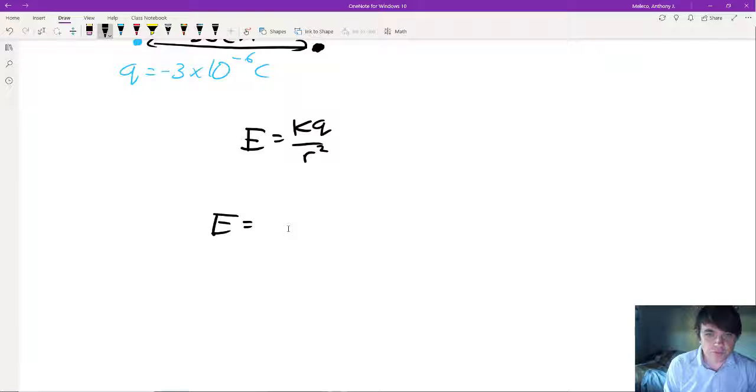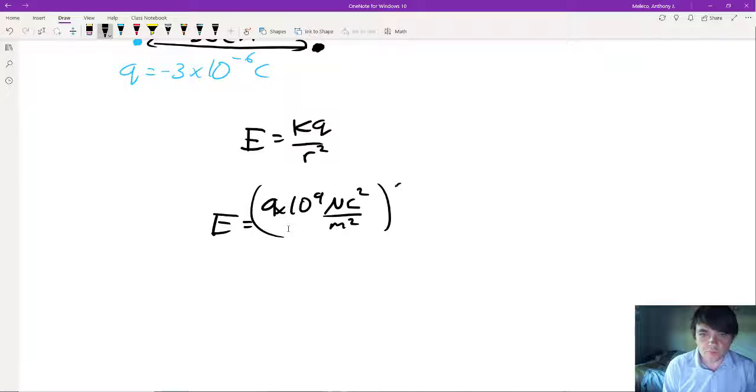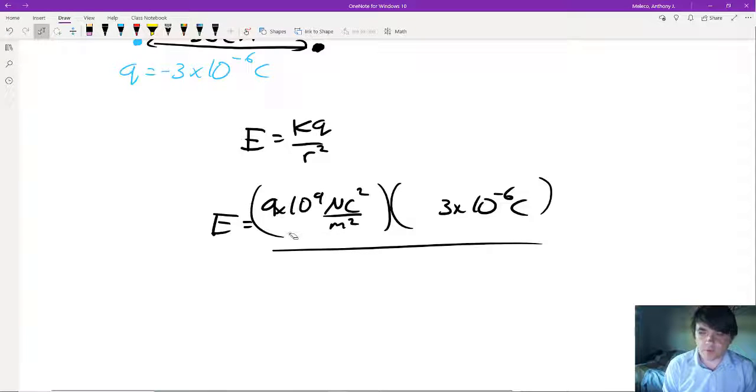algebra here. So we just plug in K, 9 times 10 to the 9 newtons coulomb squared per meter squared. Okay, the charge, which is -3 times 10 to the -6. I'm going to go ahead and leave the minus, well, no, let's get rid of it. You can do it either way again, but I'll show you how to do it both ways.